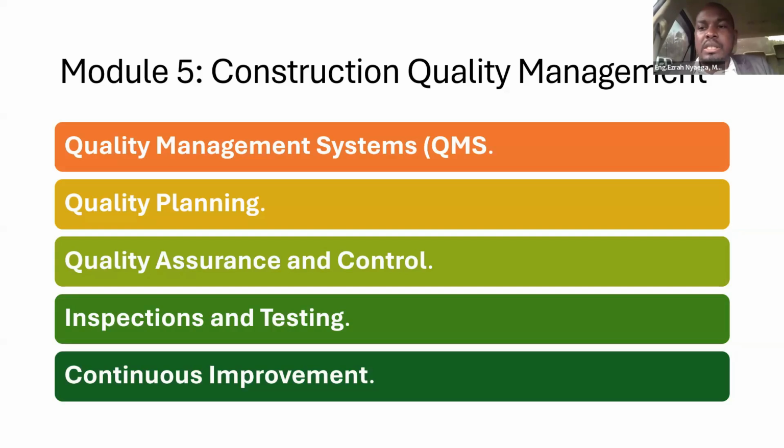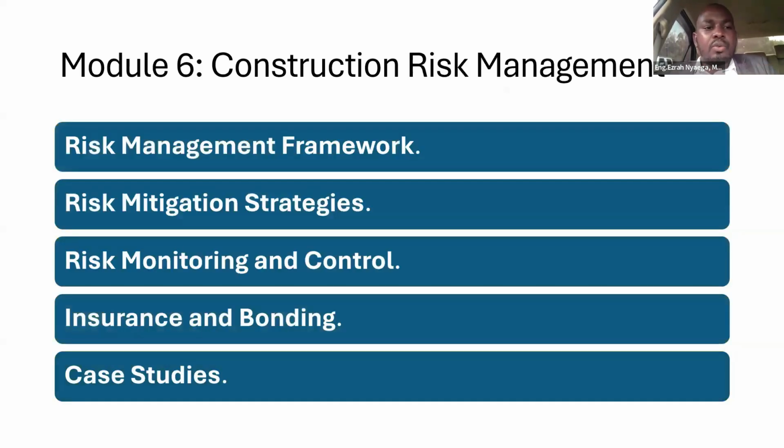Yes, they are of high quality, but the degree of quality is higher than those you have already delivered. So that's the aspect of continuous improvement in all aspects as you undertake your project. That gives us leeway to look at module 6, that is construction risk management.